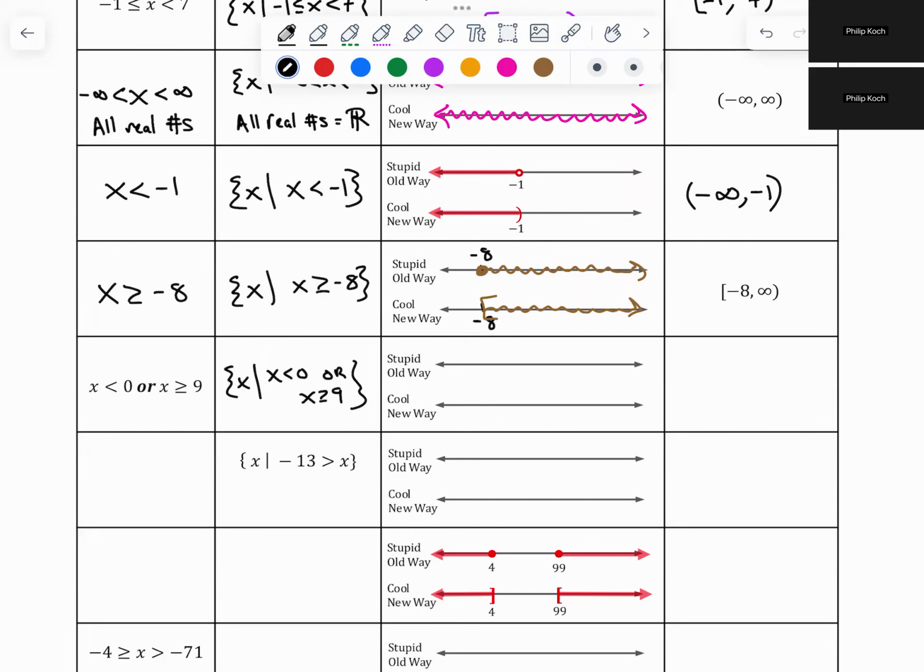And how you draw it. We've got a strict inequality and a non-strict inequality. So let's plot 0 and 9 on our grid. The first inequality is saying x is less than 0, so it means to the left of 0. We'll do an open circle because it's strict, and then we'll go on forever.